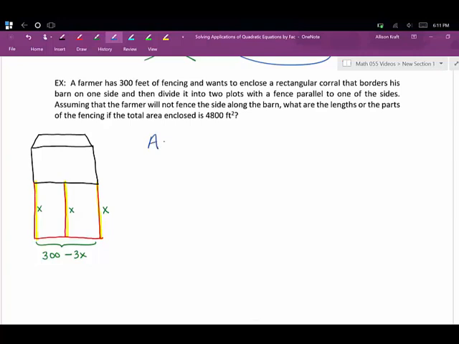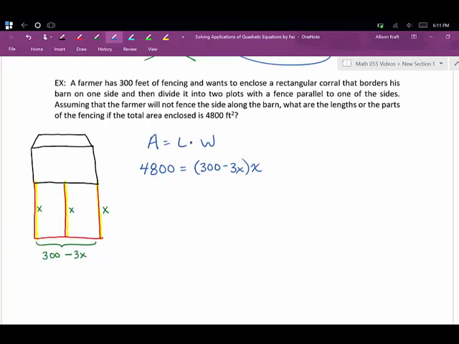We know that the area is equal to the length times the width. The area is 4,800. The length of our corral is 300 minus 3x, and the width is just x.